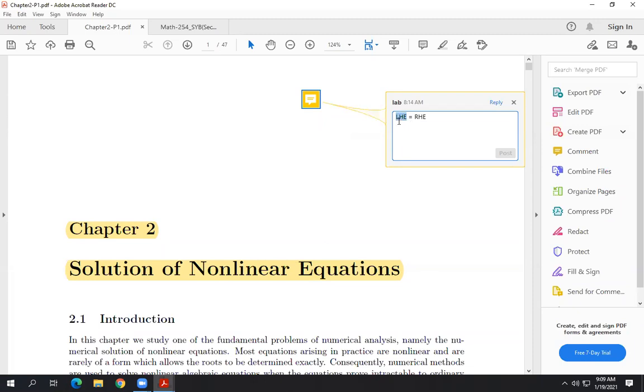It means the unknown variables on the left hand side should not have power 1, because if the variable has power 1, it is called a linear equation, not nonlinear. The powers should be more than 1, or negative, or fractions like 1 by 2, 3 by 5, but should not be equal to 1. That is called the nonlinear equation.